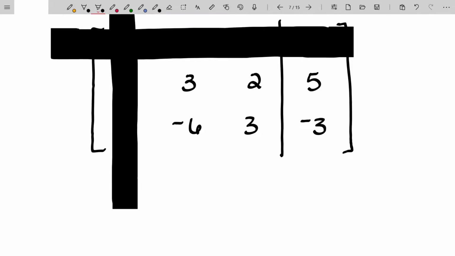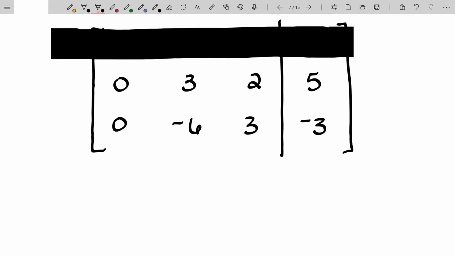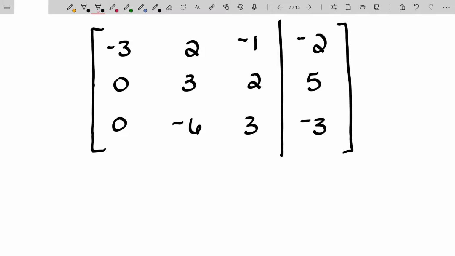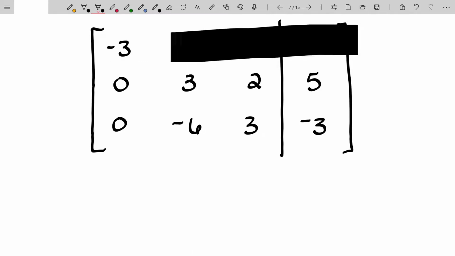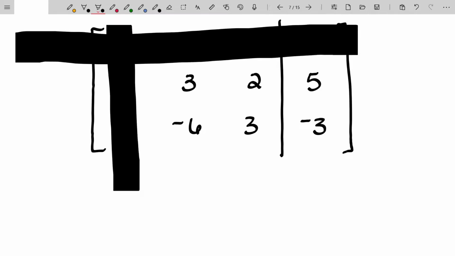And I'm just going to work with the remaining stuff here and pretend as though I'm starting a brand new problem. So again, I'm not looking at the top row and the first column because I'm done working with those for the time being. And I just focus in on these. I know those top rows and columns are there, but I just don't want to look at them for the time being. Now you don't have to obviously blot those out, but I'm doing that for our benefit for simplicity.